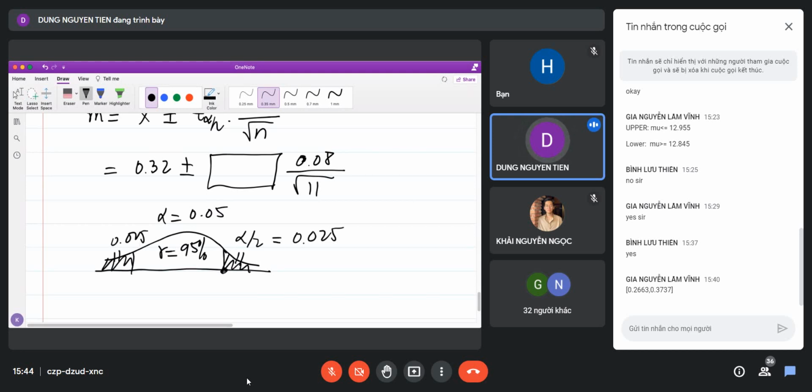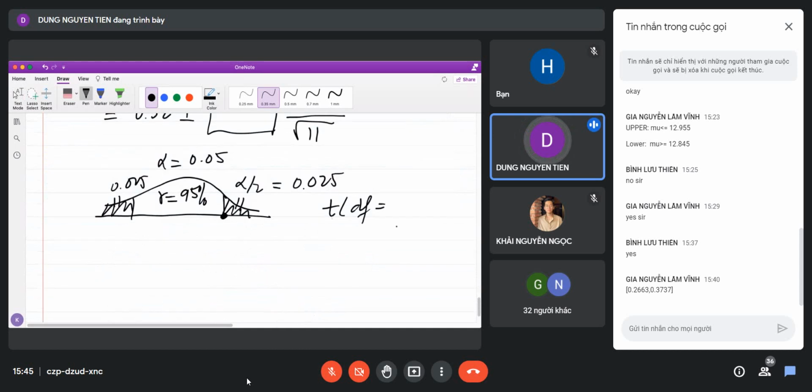And this is the t value. You use the t distribution with degree of freedom 11 minus 1, so you get 10. Now we are using the table. You need to use the student distribution table to get the answer. And this is what you get.